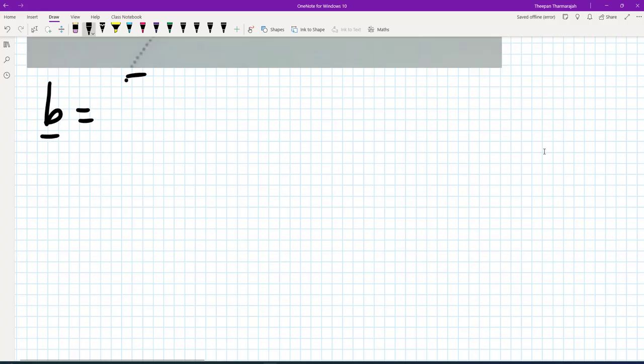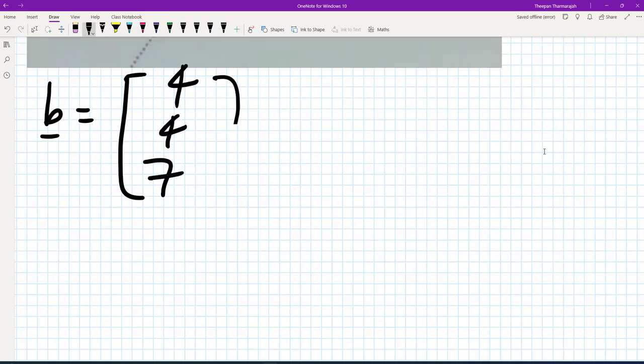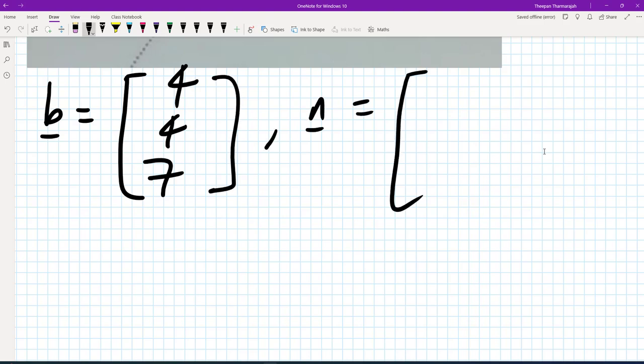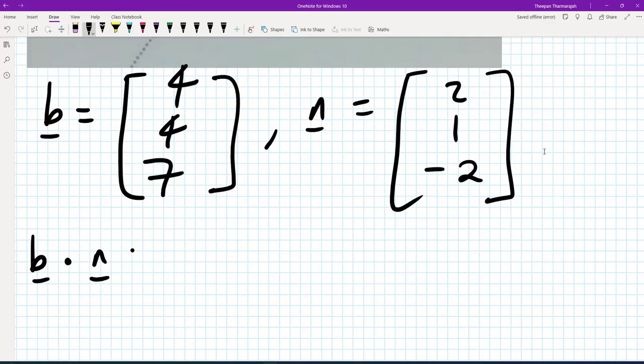So b is the column vector, which is the direction vector of the line, which is 4, 4 and 7. And then we've got the normal vector n, which we get from the equation of the plane, r dot n, which is 2, 1, minus 2. And don't forget, we're trying to work out b dot n.